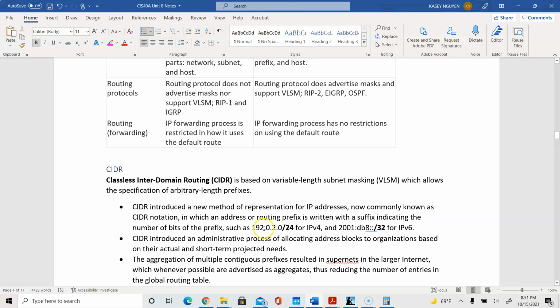So when we say 192.0.2.0 with the /24, we would know that 24 bits of the subnet mask would be on. So it will be 255.255.255.0. And we can also use CIDR for version 6, in that it also uses the slash to indicate the bits that will be on as part of that network.